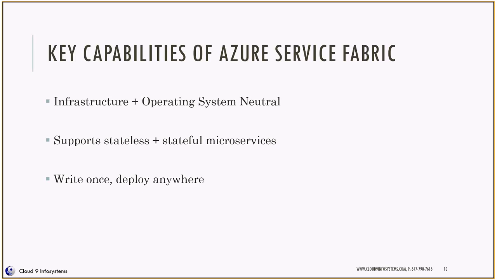That means the exact same code that runs on your local development cluster will be deployed to the cluster in another environment. It provides you with the ideology of writing code once but deploying it anywhere.